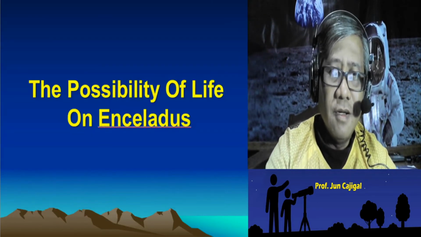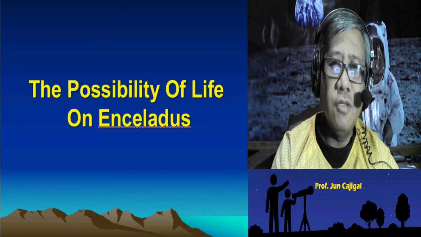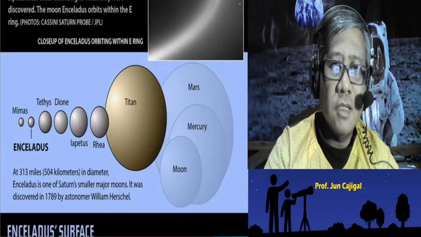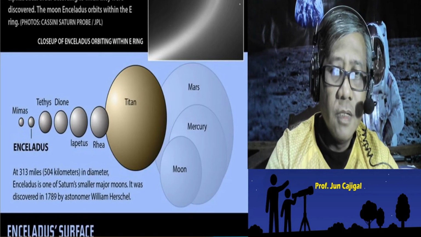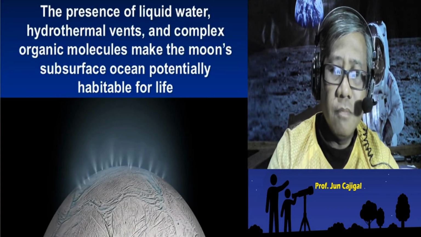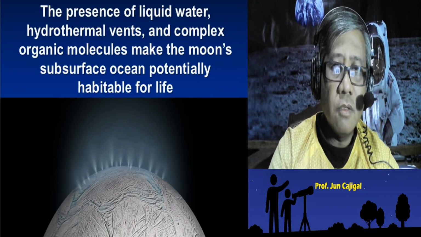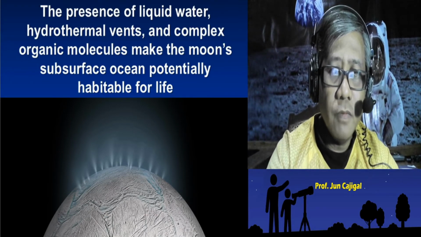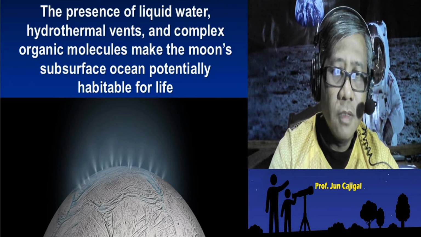Okay. What about the possibility of life on Enceladus? Enceladus also is one of the moons of Saturn. Now, discovered by the Cassini probe, there is the presence of liquid water. Nagve-vent yung tubig sa surface ng Enceladus as discovered by the Cassini probe. Ayan. So, meron na, oh.